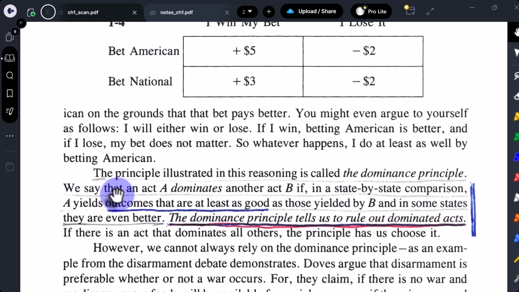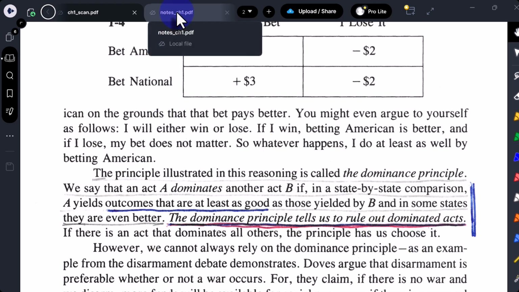We say that an act that is an option, Act A, dominates another Act B if, in a state by state comparison, A yields outcomes that are at least as good as those yielded by B, and in some states they are even better. The dominance principle tells us to rule out dominated acts, that is, dominated options. If there is an act that dominates all others, the principle tells us to choose it.